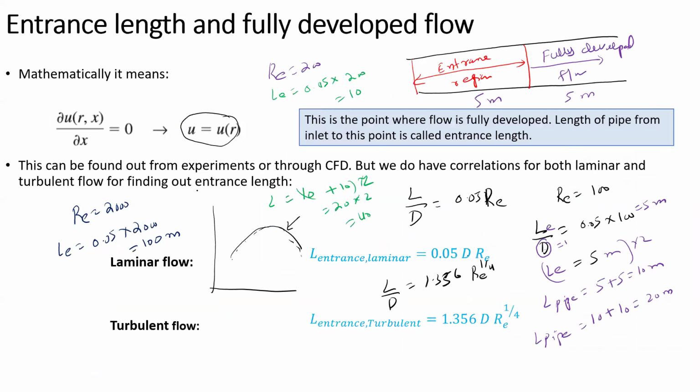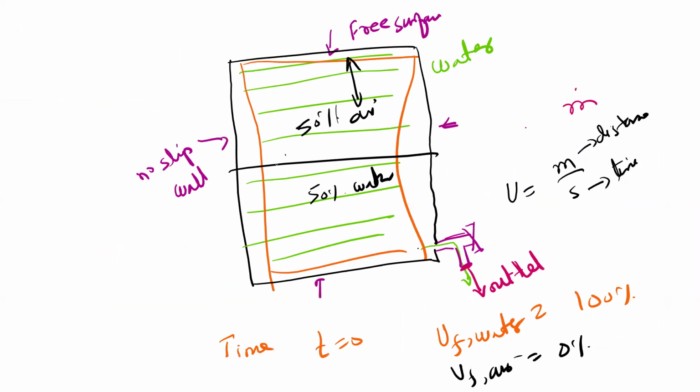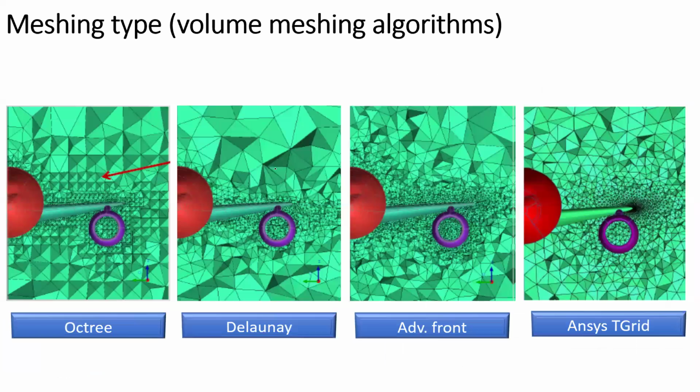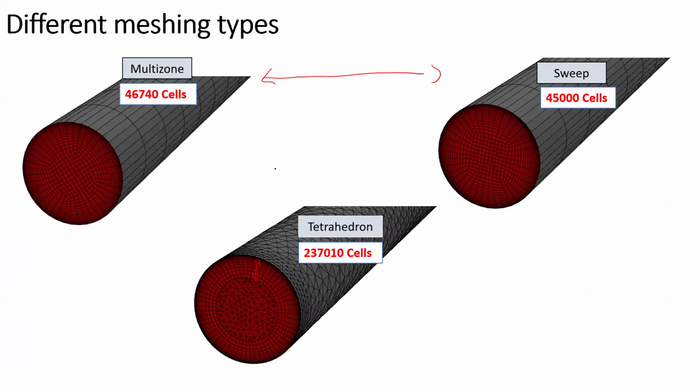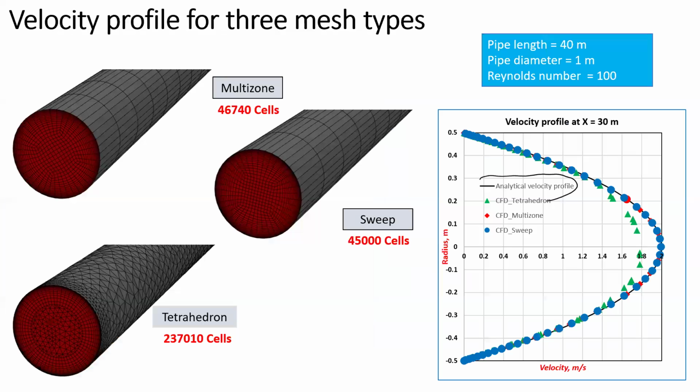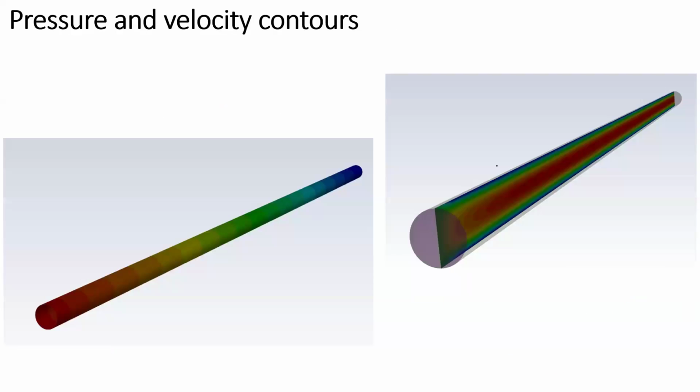Then we plotted them side by side so that we can compare our CFD. And what we found is that the tetrahedron meshing has some problems in matching with the data. So you can see the tetrahedron meshing is over here, while both the sweep and the multi-zone are matching very well with the analytical solution.